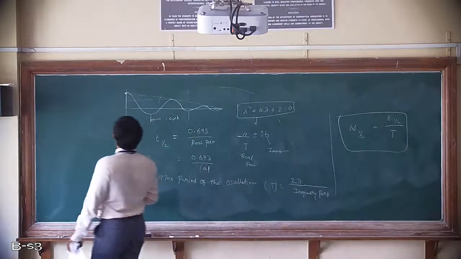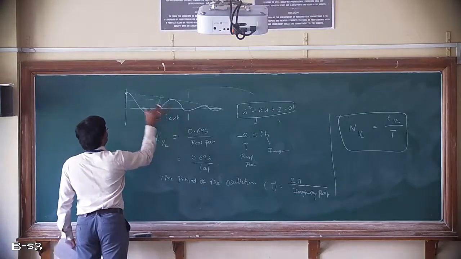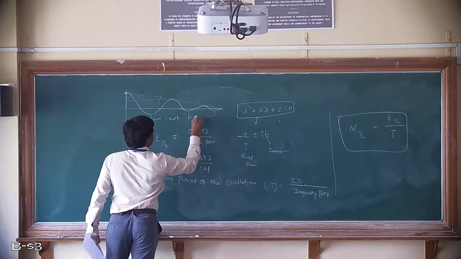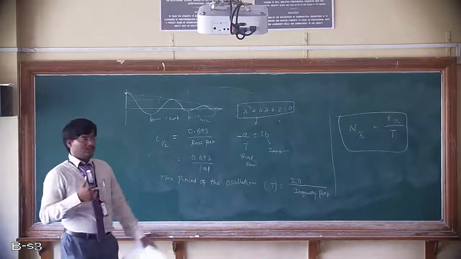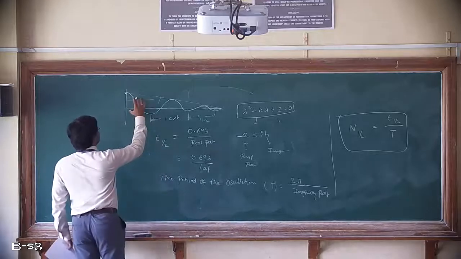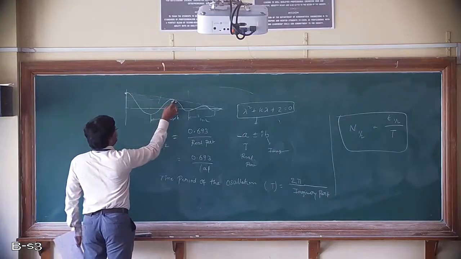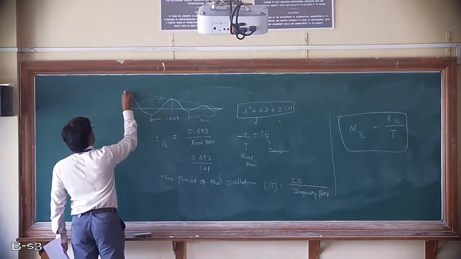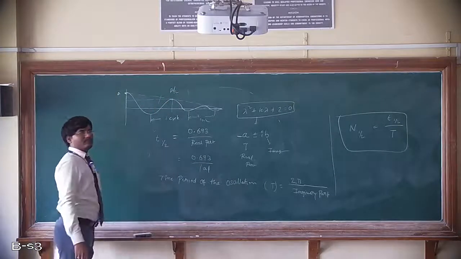One more thing is there, that is called n half, which is nothing but t half by time period. What does this mean? Here this is one cycle, right? Here one more cycle, somewhere here 2 cycles, this is the second cycle, like that. In the phugoid mode, there are some n number of cycles. How many cycles will it take to halve the amplitude?